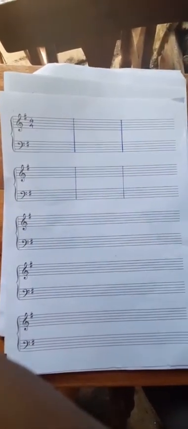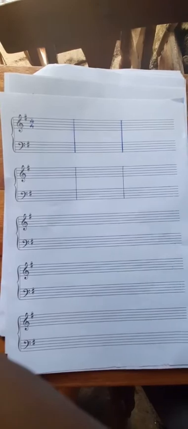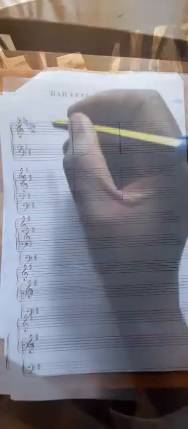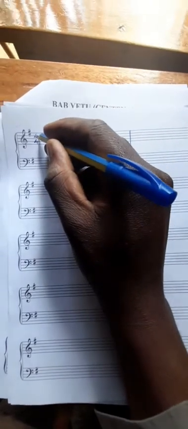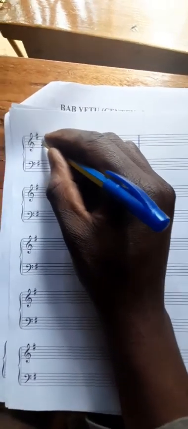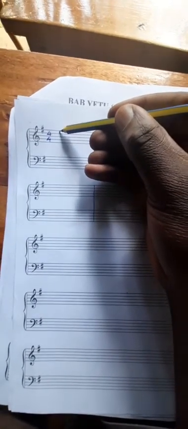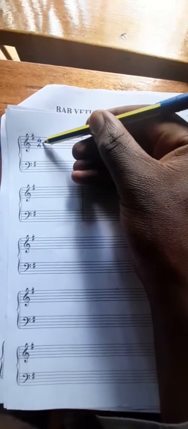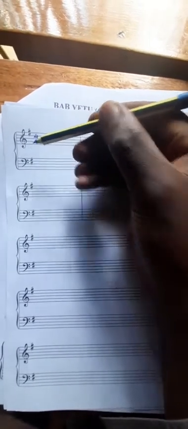Whenever you meet it, you'll be able to know what it means. In music, I want us to begin by looking at the upper number, this 4. The time signature here is 4/4.